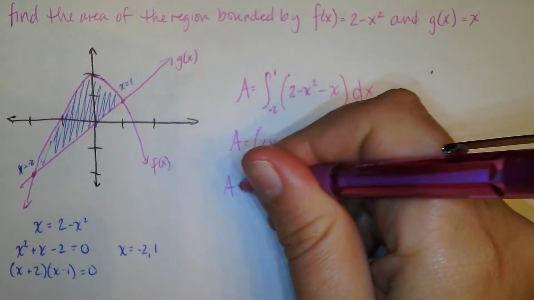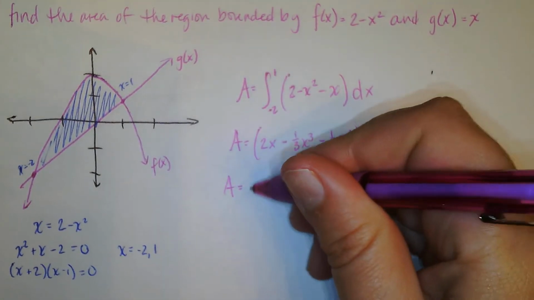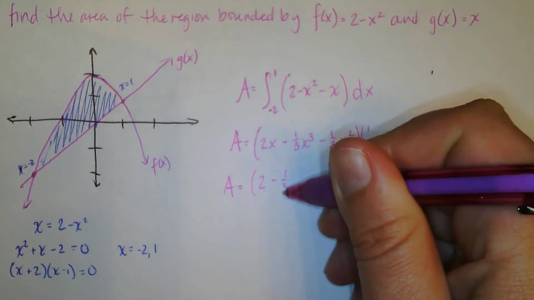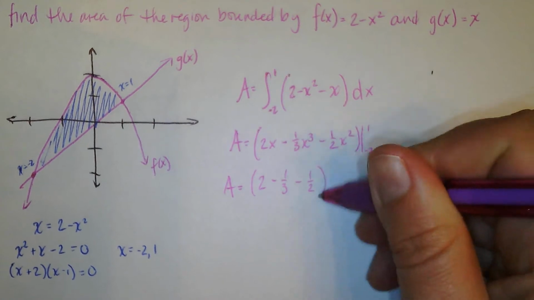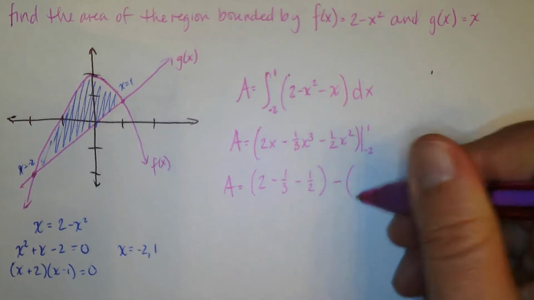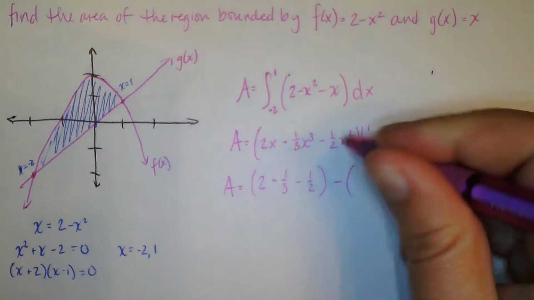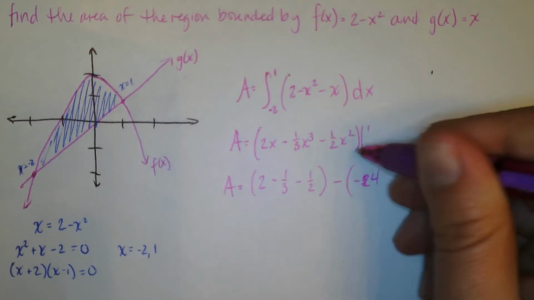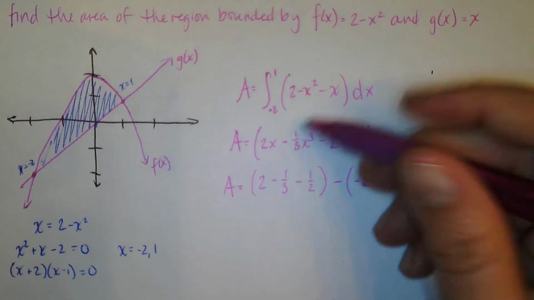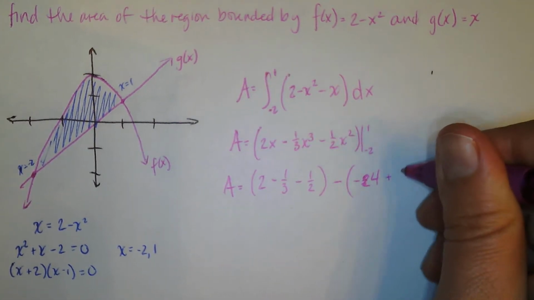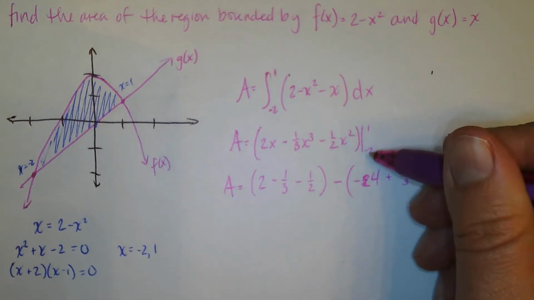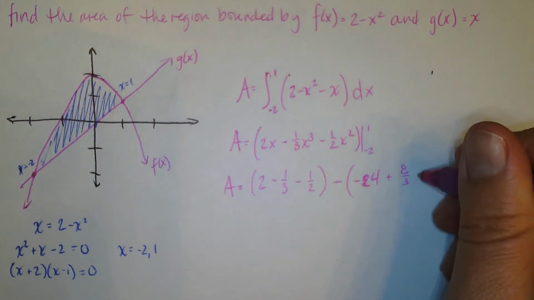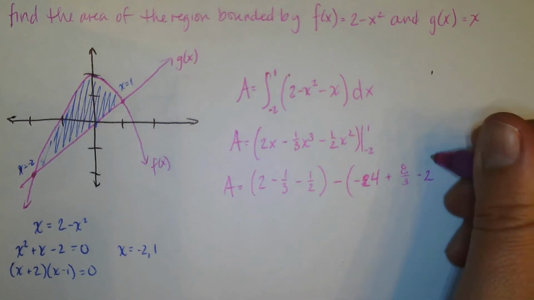All right, now we just plug in our values. 2 minus 1/3 minus 1/2 minus, negative 2 times 2 is negative 4. Negative 2 cubed is negative 8 times negative 1/3 is positive 8/3. And negative 2 squared is positive 4 times negative 1/2 is negative 2.